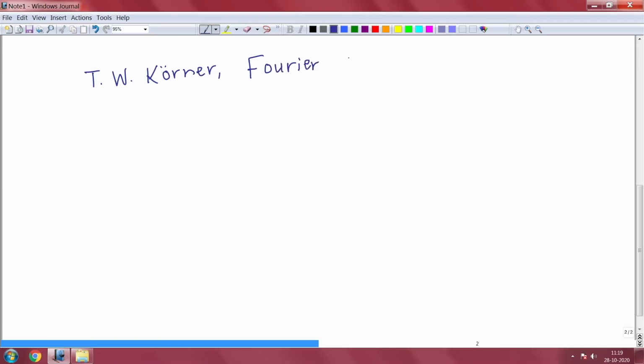You will also find a good account of Fourier series and Fourier transform, which we are not covering in this course. This is published by Cambridge University Press. There are many books; I am just mentioning one.